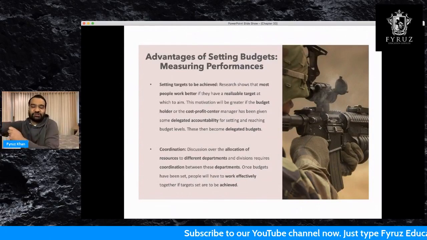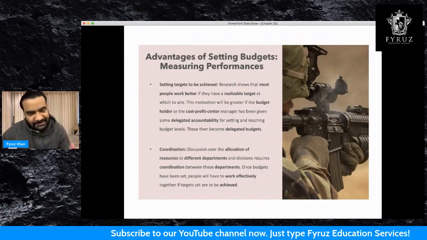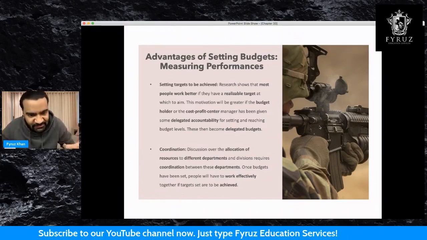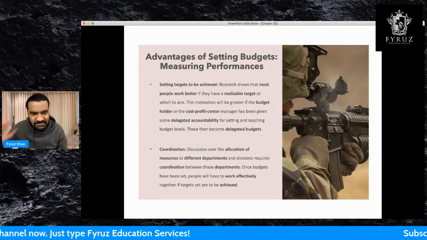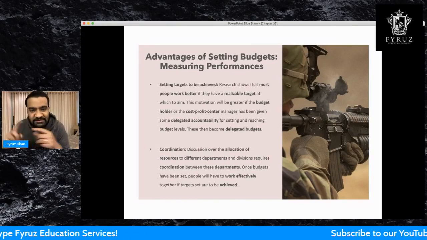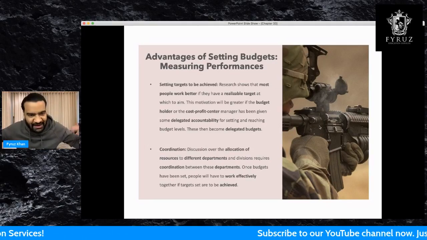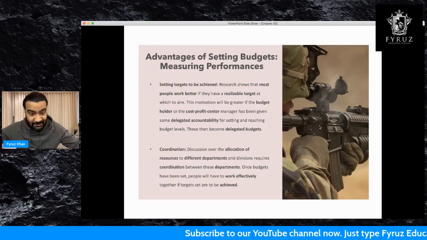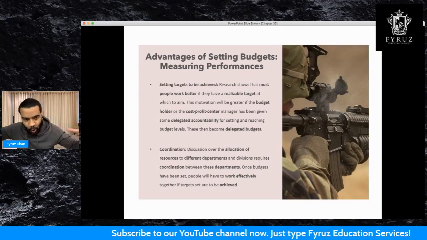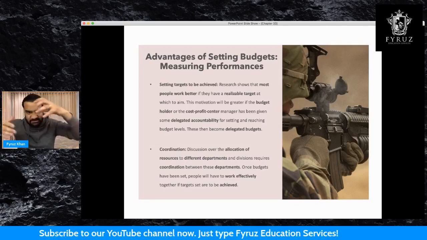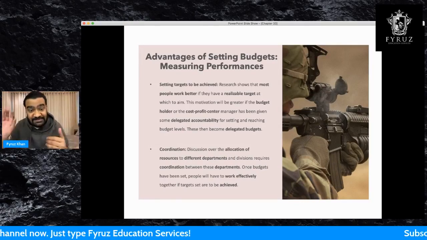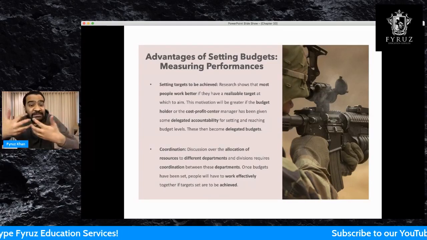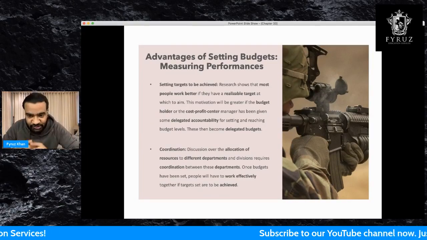And coordination is so important. It helps you to coordinate activities, because think about one thing. Business does not have only one department. Business has five, six, seven, eight, nine, 10 departments in big businesses. And all these separate departments, they don't function separately. Yes, they are separate departments, but they are interlinked, intertwined with each other.